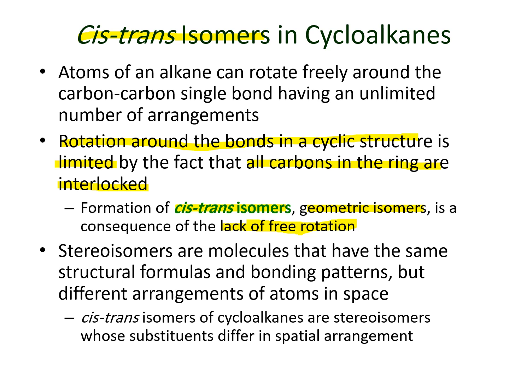These cis-trans isomers, also known as stereoisomers, are molecules that have the same structural formula, and the bonding pattern is the same as well, but the only difference is the different arrangement of atoms in space. This is the definition of stereoisomers, or the cis and trans isomers. And cis-trans isomers of cycloalkanes are stereoisomers whose substituents differ in spatial arrangement. This is the same definition, written in different wording. Both are correct definitions for these cis-trans isomers.